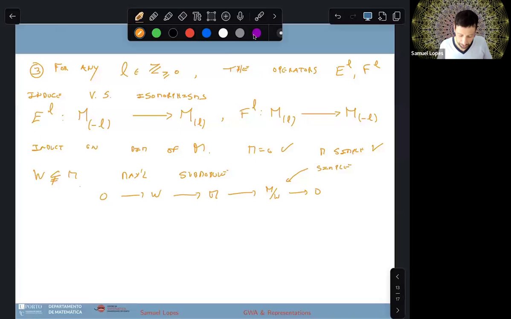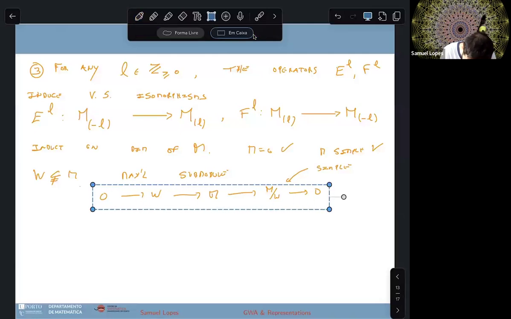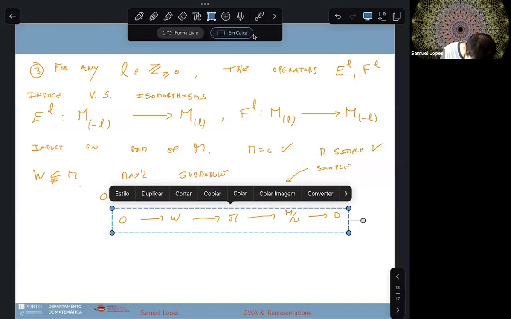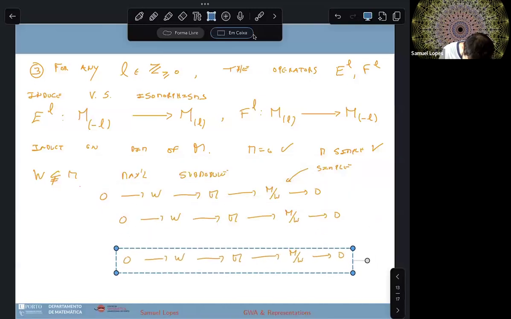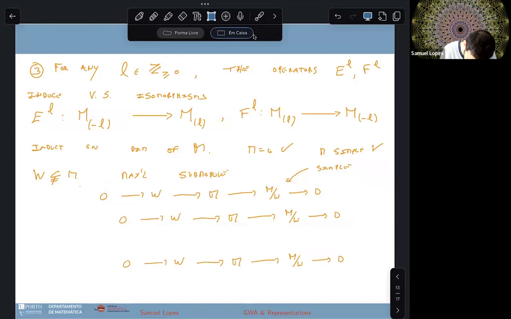Okay, now this short exact sequence, as we've seen, induces a short exact sequence at the level of generalized weight spaces. I'm just repeating that one here.